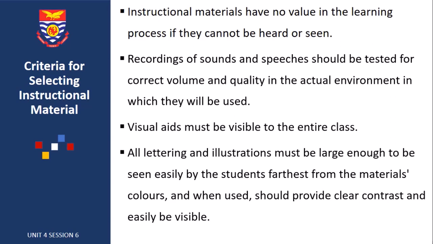So when you want to use a visual aid and you find out your class size is very large, let's assume you have a class of about 200 students, and you are using, let's say, a 3 feet by 4 feet visual material. You realize that this material could only be seen by students who are in front. Those at the far end are going to find difficulty seeing the content of that material.